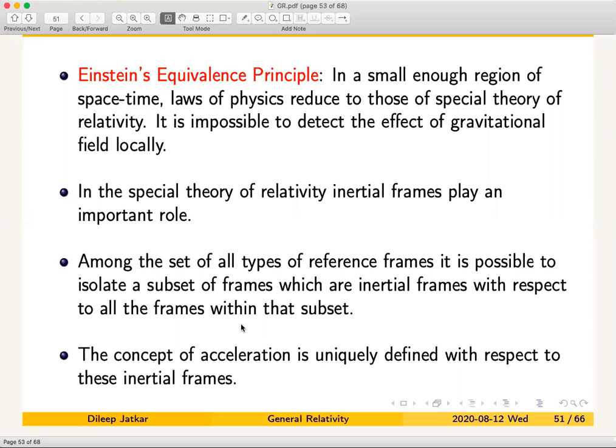Yes, certainly, because suppose a particle is at rest in one particular frame, then all other frames in the subset, which are related to this frame by Lorentz transformation, would see this particle moving only with uniform velocity. So in presence of gravity also that definition will hold? No. In presence of gravity, of course, we are going to only define local inertial frames.